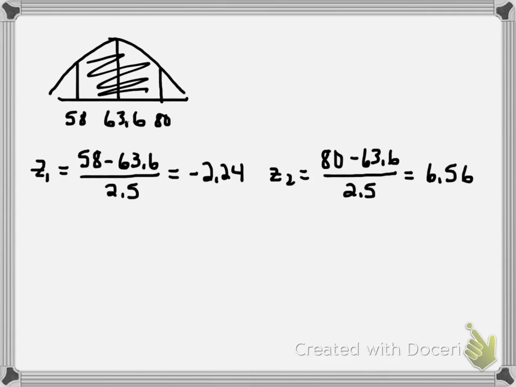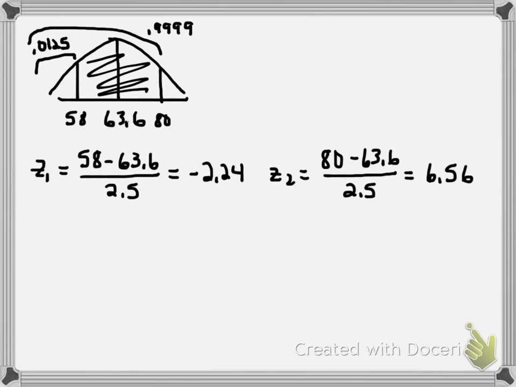Now we need to find the corresponding probabilities or areas in table A-2 and then subtract those probabilities. So the first z-score, negative 2.24, should give us an area to the left of 0.0125. And when we look up the second z-score, that should give us an area of 0.9999.